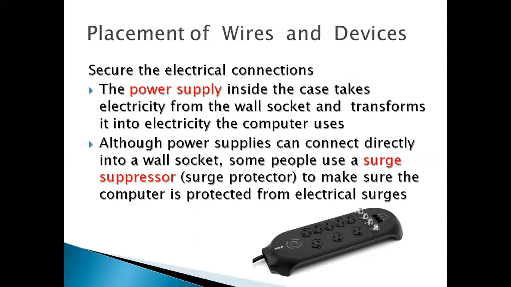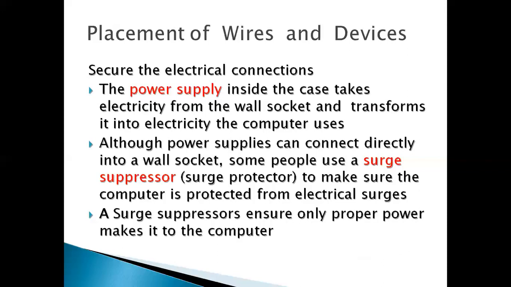To avoid that, generally we use a surge suppressor, which provides uniform electricity to our computing devices, like we use a UPS. A UPS always provides a continuous, uniform amount of electricity to our computing devices. So if the direct power is fluctuating, it will not affect our computing devices.